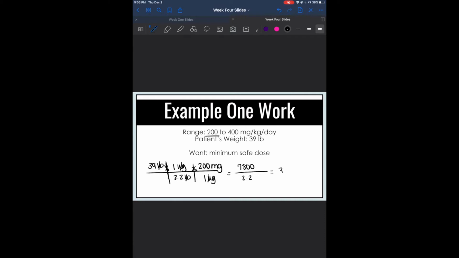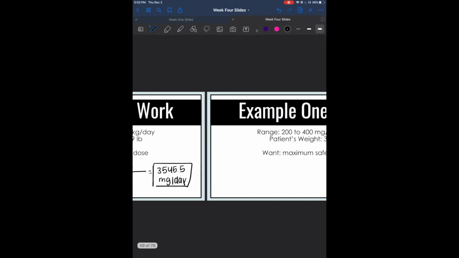So we end up getting a minimum daily dose of 3,545.5 milligrams per day. And remember, that's the minimum amount that this patient can safely receive of this ampicillin.